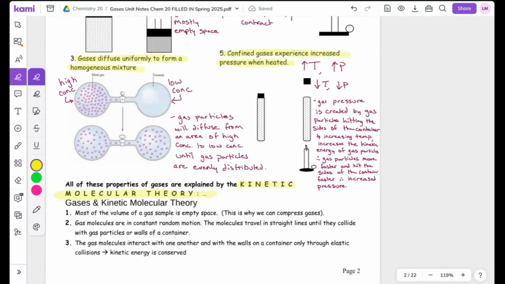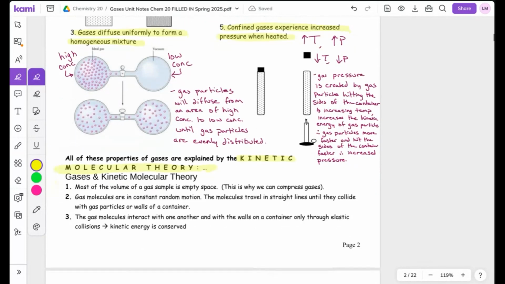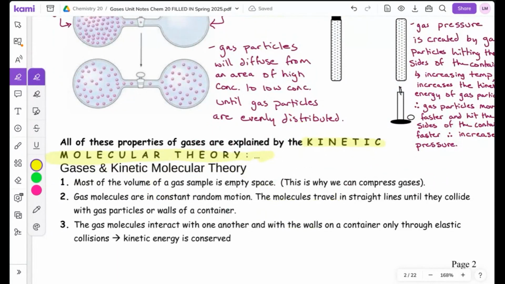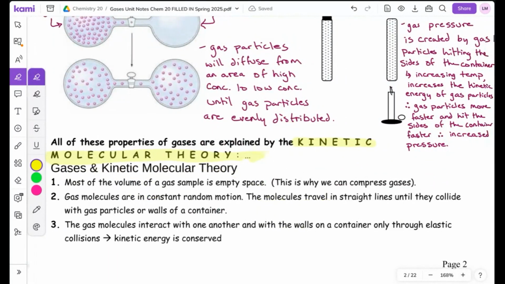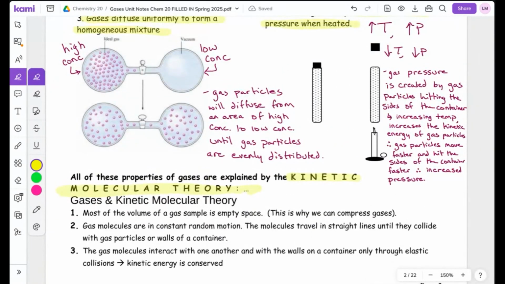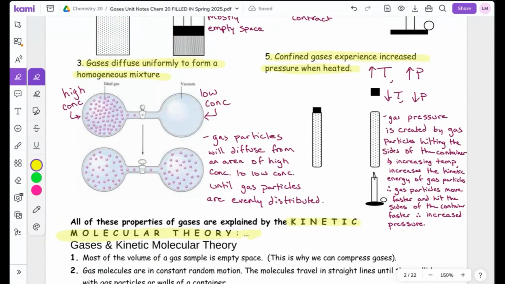So that's why we can say that gas molecules are in constant random motion, and the molecules travel in straight lines until they collide with gas particles or walls of a container. The walls of the container bit relates to how gas pressure is created, which we talked about in the last property.